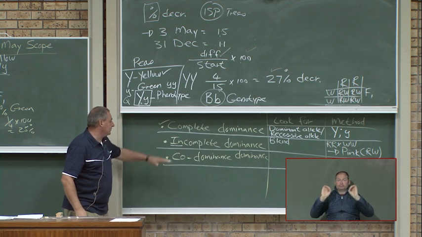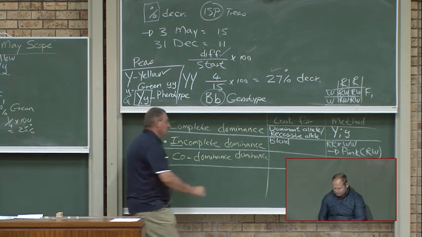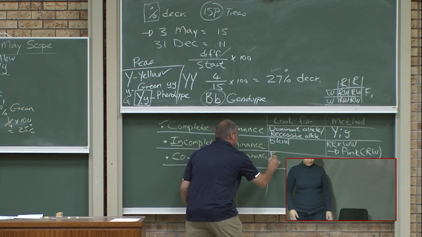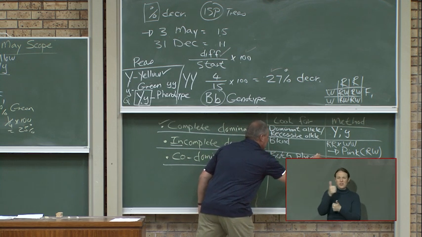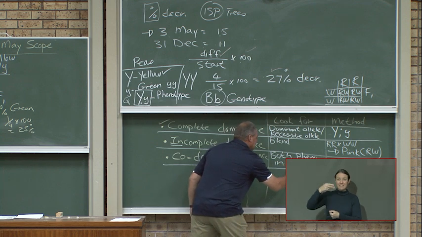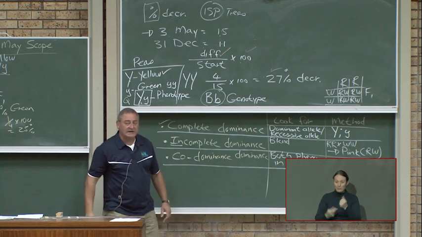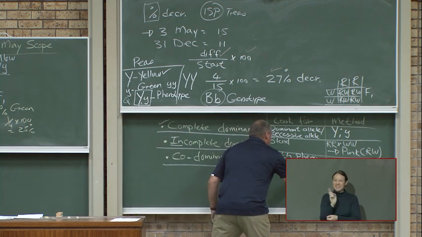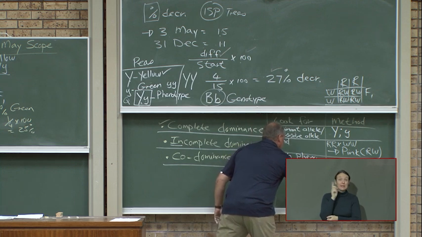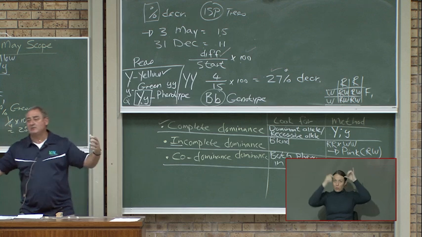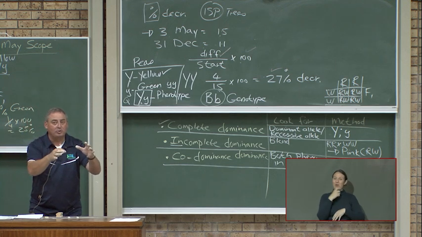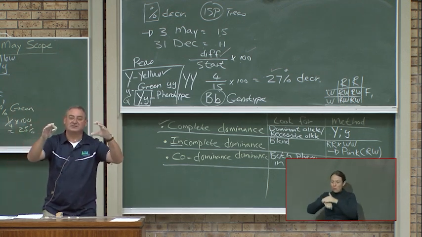Now, how do you know that you're dealing with co-dominance? Both phenotypes are in the children. What do I mean by that? You must look out for patches. Like, let's say, a brown bull and a white cow gives a calf that's born white with brown patches.